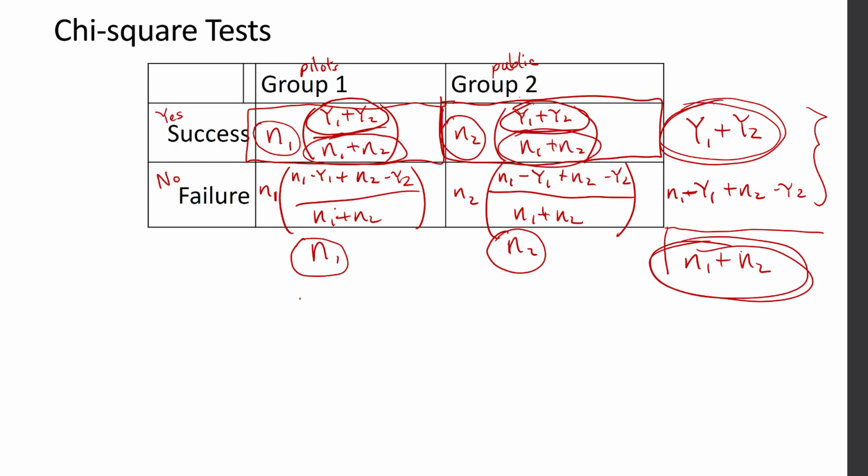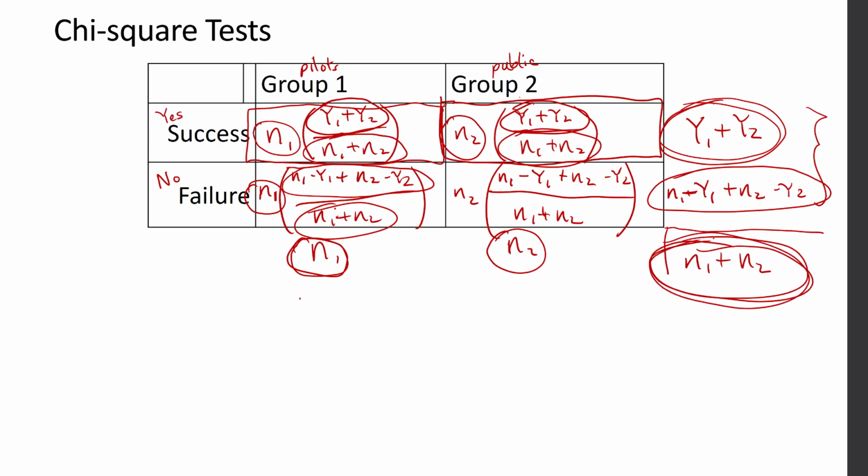Let's do it for the expected number of failures for group 1. N1 is the column total for the column that cell is in, times N1 minus Y1 plus N2 minus Y2. That's the row total for the row that cell is in, divided by N1 plus N2, your total.